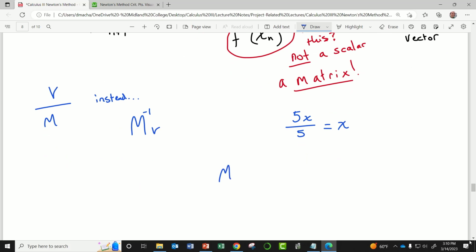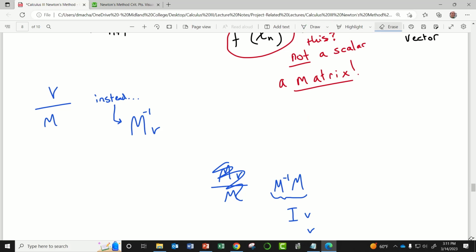So if I have Mv, when I think about dividing by M, it should be an operation that sort of cancels out multiplying by M. Now, this is not well defined, but if I have Mv and I want to cancel out the idea of multiplying by M, one thing I could do is multiply the whole thing by an M inverse, because M inverse times M is just the identity matrix, which leaves the vector itself. And so this is the idea. Instead of trying to divide by a matrix, we're going to multiply by the inverse matrix.